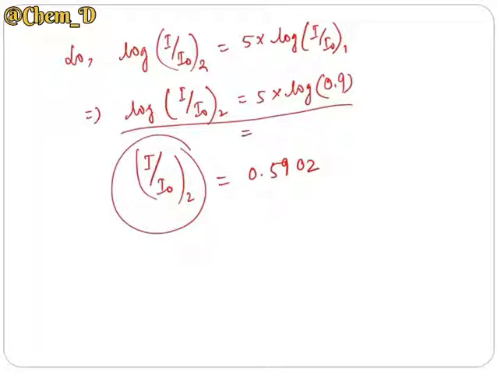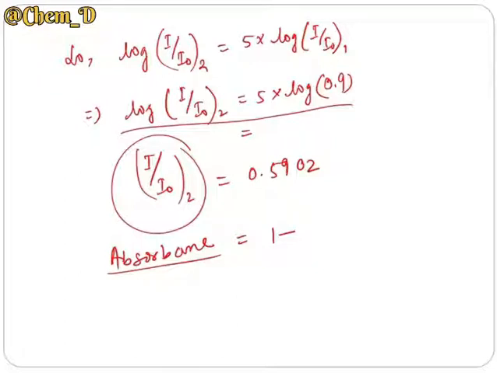So what will be the absorbance? Because we need the absorbance. That means 1 minus, because the total intensity of the light is 1, and 0.5902 fraction is transmitted.